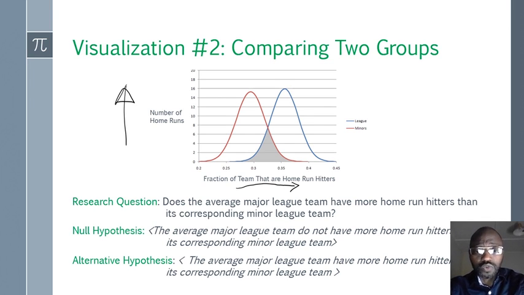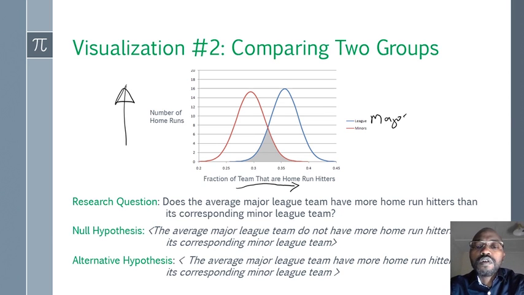Now, the research question goes thus: does the average major league team have more home run hitters than its corresponding minor league team? Blue is the major league, let's make that clear right here.